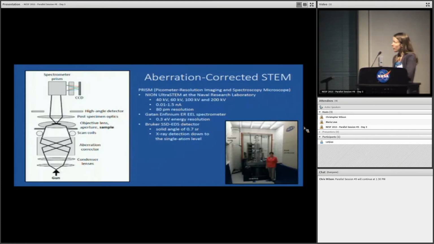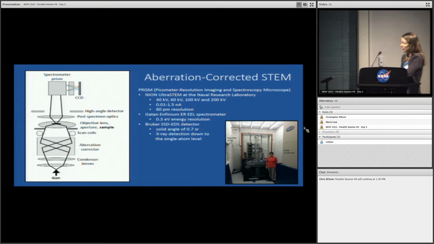So we use an aberration-corrected scanning transmission electron microscope. This is the one at the Naval Research Lab. This has the cold FEG gun at the bottom, down here, next to Rhonda, that goes through a series of magnetic and electromagnetic lenses.